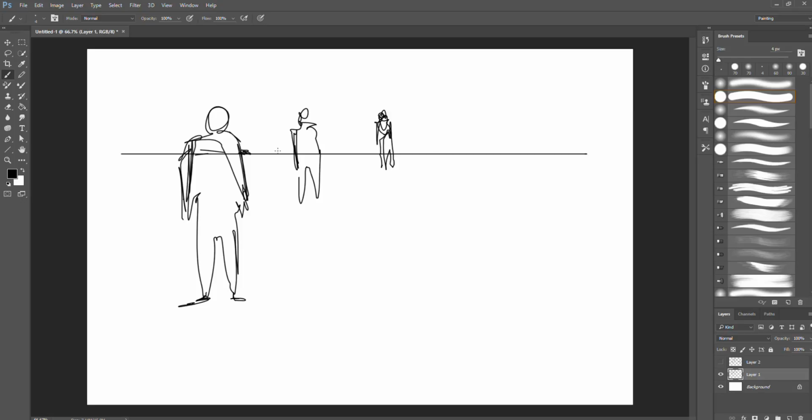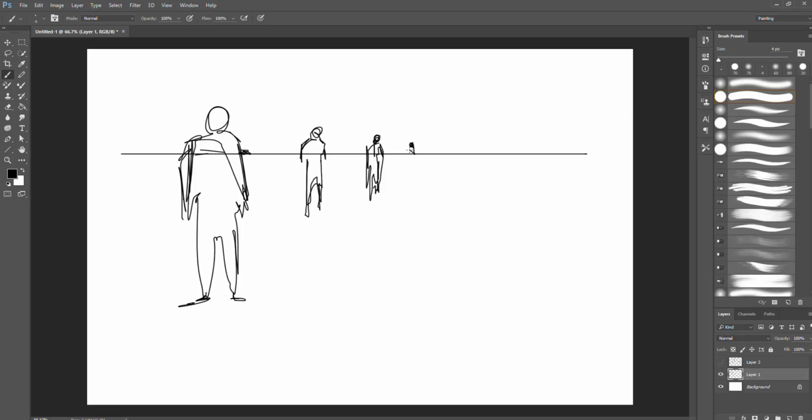That's because, since my eye level intersects this figure at the shoulders, assuming that all these people are roughly the same height, which people are pretty much in the same ballpark, even if there are differences in height, that means that all figures in my scene should also intersect the horizon at the shoulders.